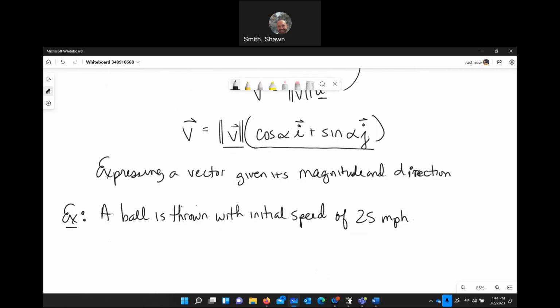So let's just say as you throw this ball with initial speed of 25 miles per hour in a direction that makes an angle of 30 degrees with the ground.